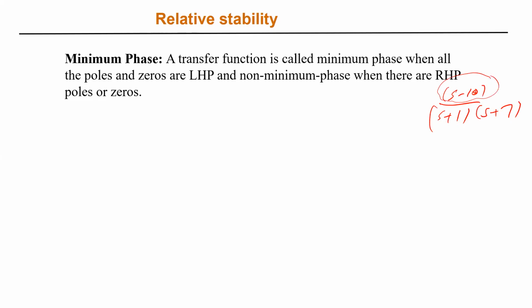Bode plots usually address systems that are minimum phase, where all the poles and the zeros are in the left half plane.